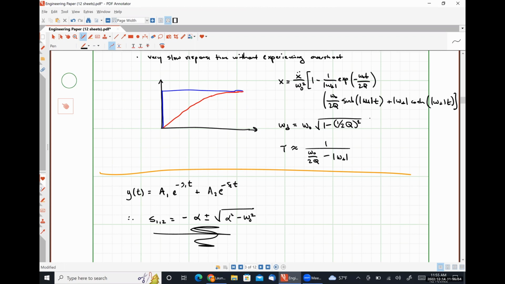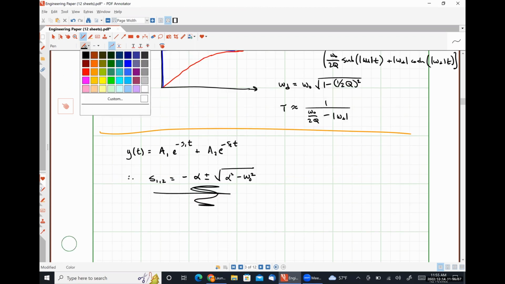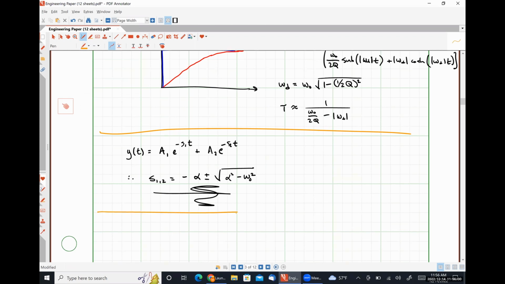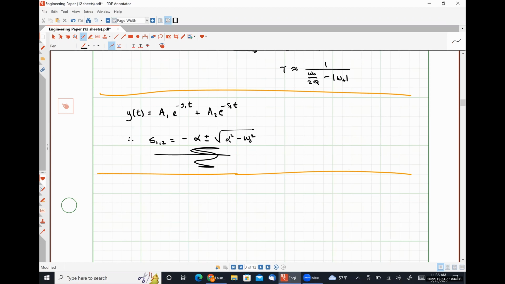So anyway, let's circle back around and now talk about the underdamped response. So if Q is greater than 1/2, we consider our system underdamped.